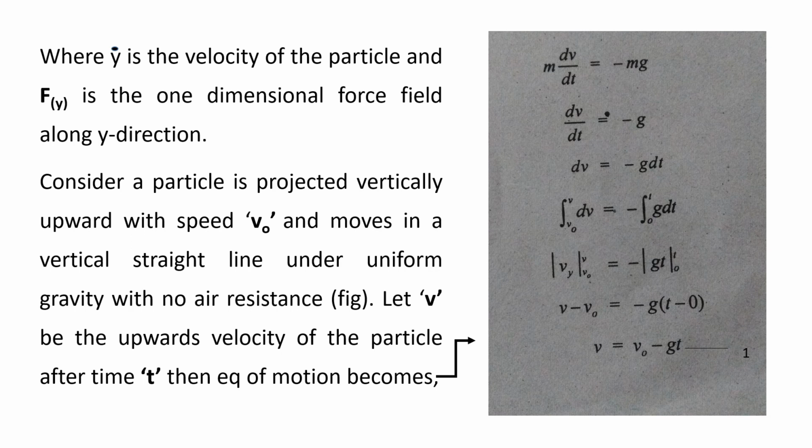That gives v minus v0 is equal to minus gt, and taking v0 to the right hand side, we get v is equal to v0 minus gt.